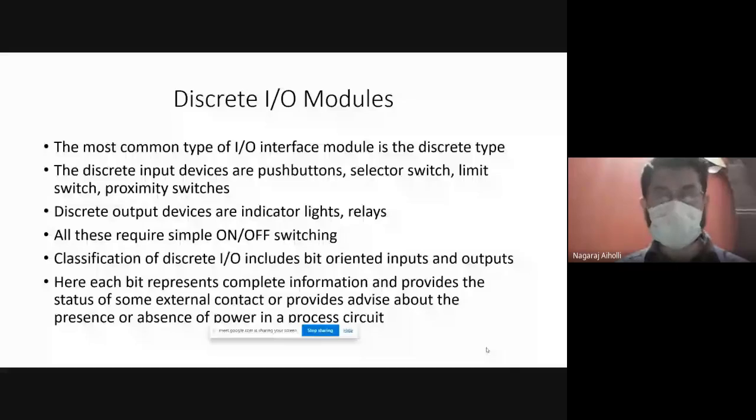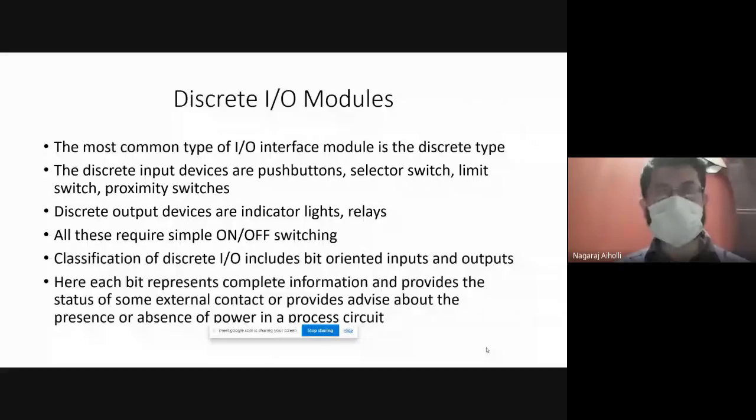The field devices of analog type were unable to be connected to the PLCs. But later on, as time evolved, both analog and digital IO modules are now present. That is, the PLC can handle analog signals as well as digital signals.